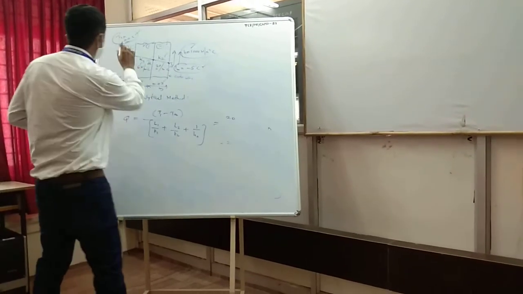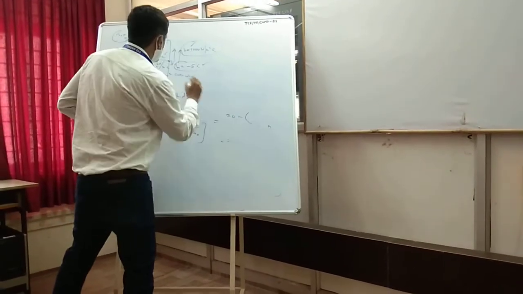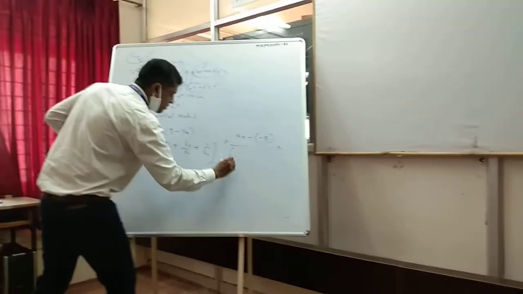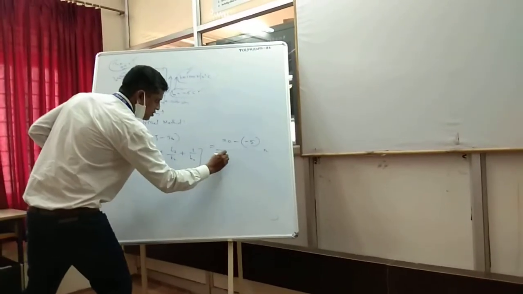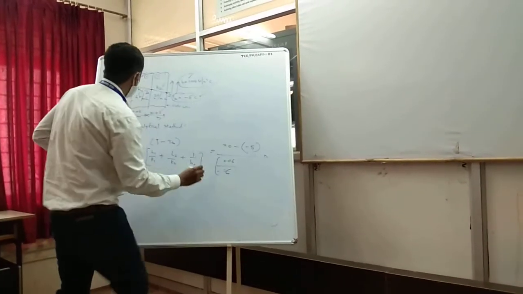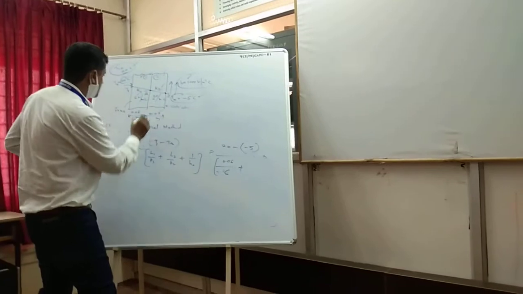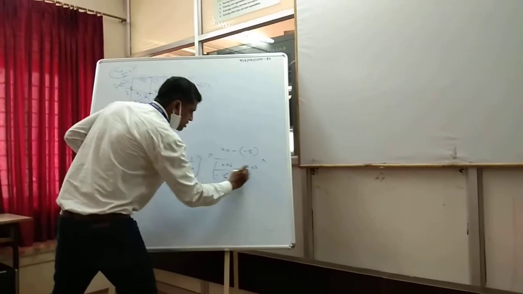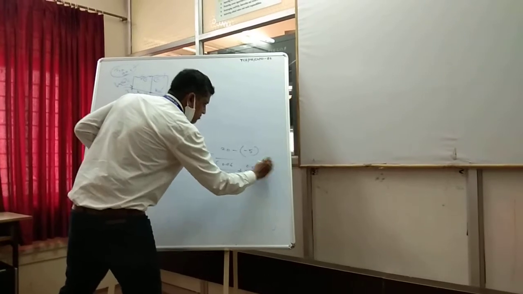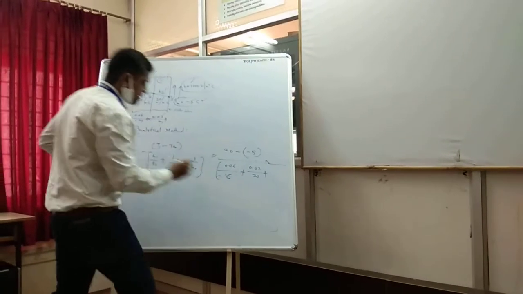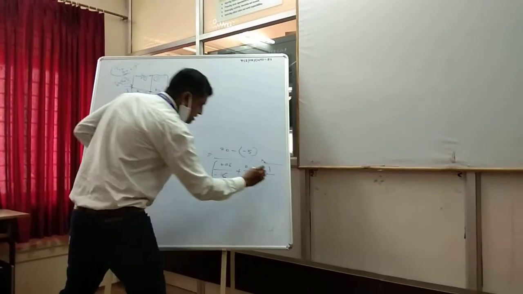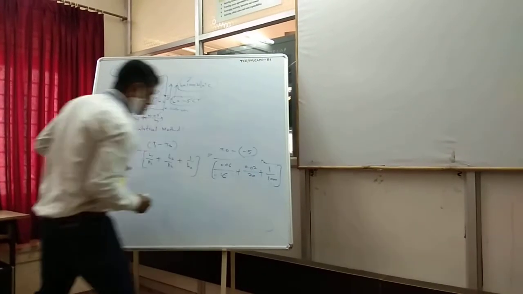T1 is given 20 degrees Celsius minus T infinity minus 5 divided by L1 by K1. L1 is 0.06, K1 is 6, plus L2 0.02 and K2 is 20, plus next 1 by H0, that is 1000 watts per meter square degrees.